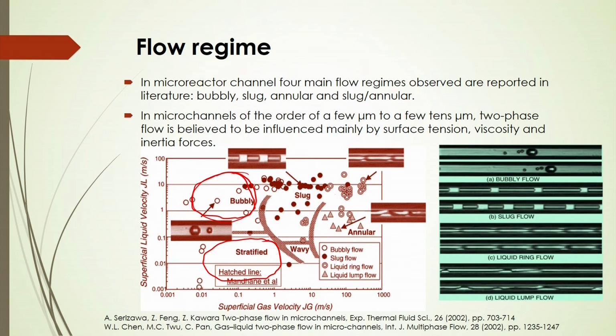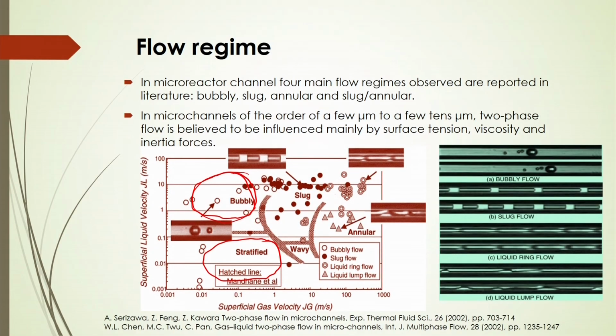At very low liquid velocity and low gas velocity, you can expect stratified flow, where both phases flow separately, one above the other. You can maintain this stratified flow just by controlling the gas flow over the liquid flow.